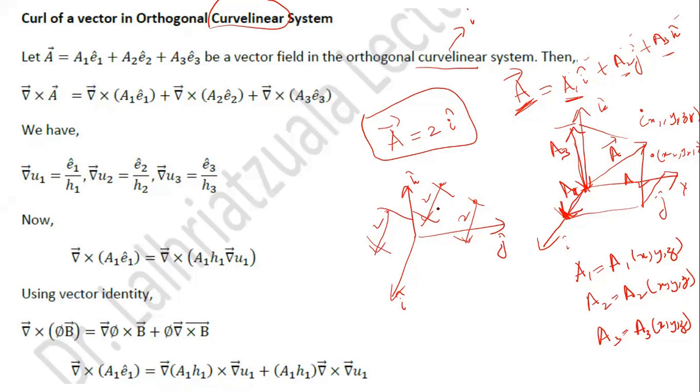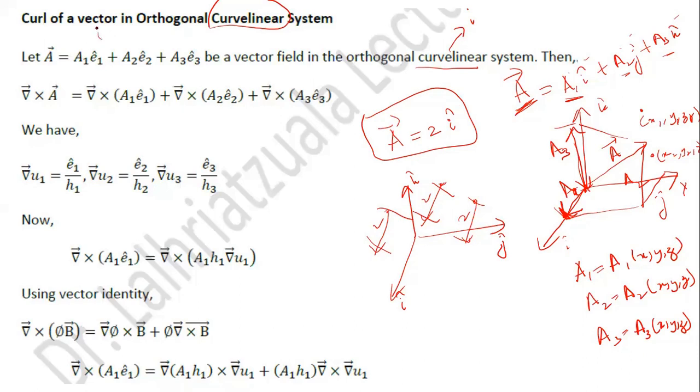So here, when we talk about this vector field, just consider that you have A1, A2, A3, which are functions of coordinate variables. Just like the one we discussed here in the Cartesian system, in this orthogonal system also, you can write a vector field A as A1 e1 cap plus A2 e2 cap plus A3 e3 cap.